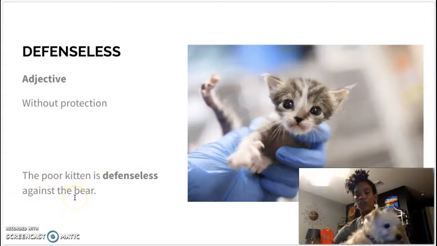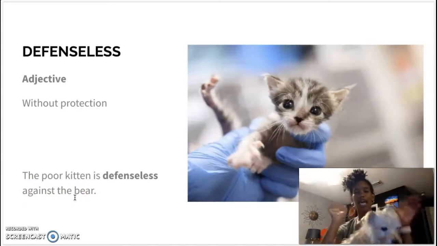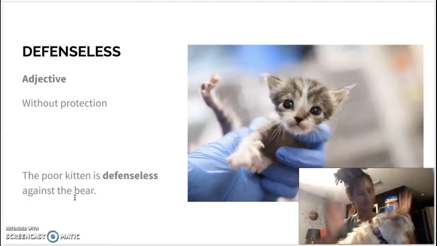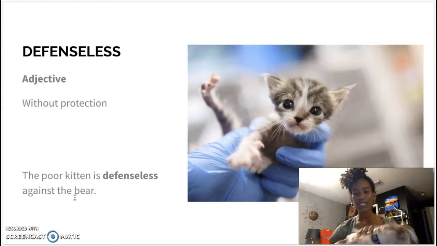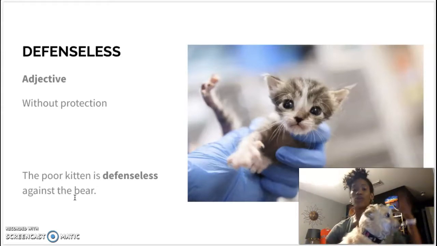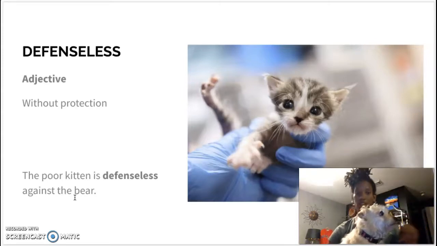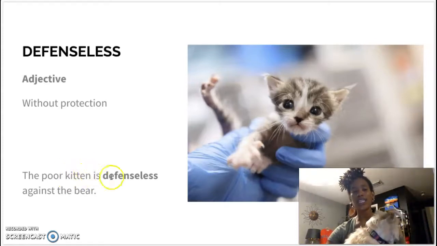If there was a big old bear coming to attack Sandy, Sandy would be defenseless because she cannot stop the bear. All she can do is run, run, run. The poor kitten is defenseless, or without protection, against the bear.